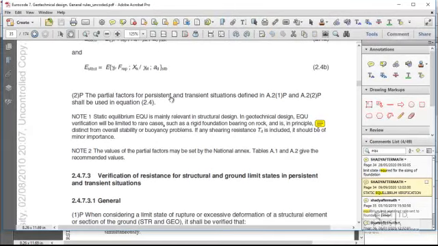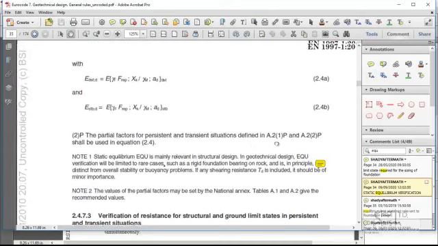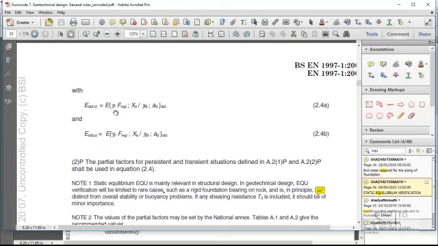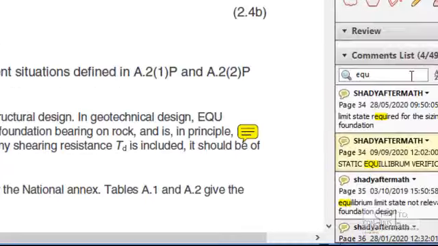The partial factor of safety for persistent and transient situations is obtained from section A.21. If you look at it, the destabilizing force is a partial factor of safety times the representative force, and then the stabilizing force is a partial factor of safety times the representative force. So you will need to get the corresponding partial factor of safety for both the stabilizing forces and the destabilizing forces. You say we should get it from section A.21.